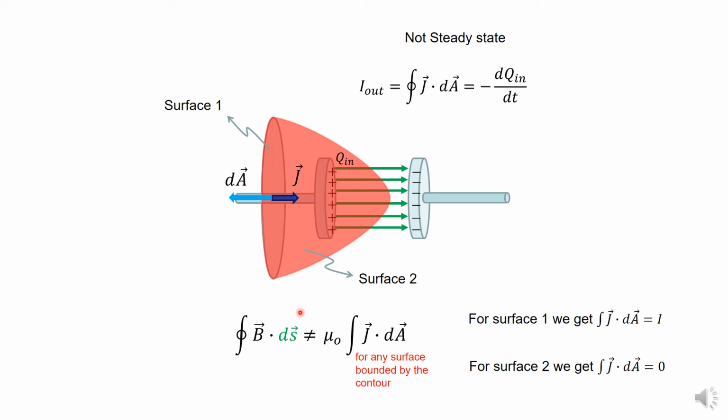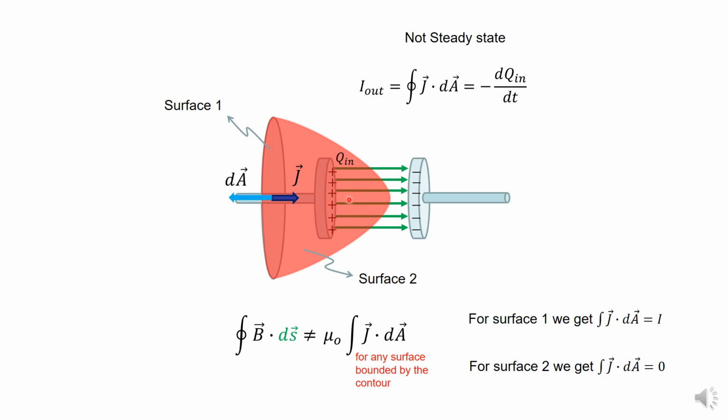That means that the integration of B dot ds cannot be written as the integration of J dot dA for any surface bounded by the contour, because if you take this surface, you get a value, and if you take this surface, you get a different value. So this is not true in general. It's only true in circumstances where this derivative is 0.